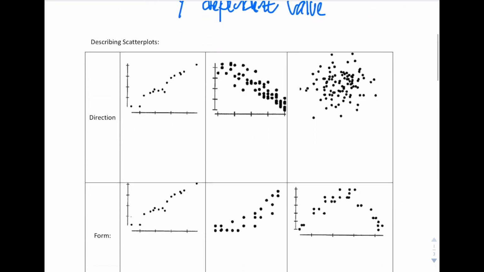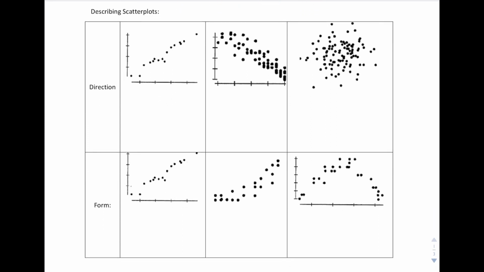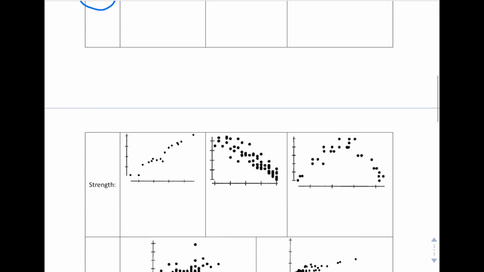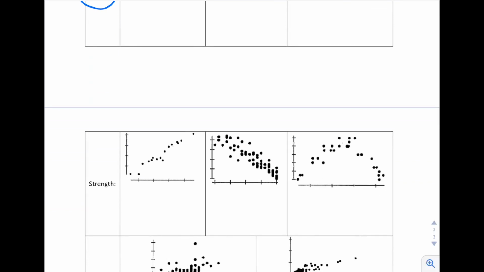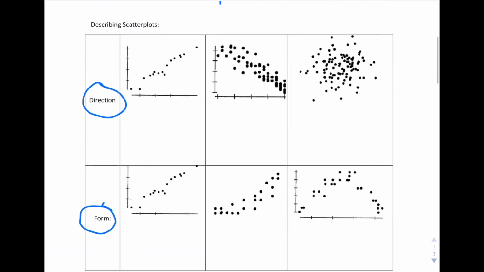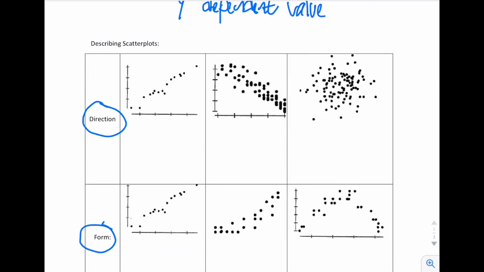So describing scatter plots. When describing scatter plots, we have three main things. First thing right here, as you'll see, is direction. Second thing is form. And if we scroll to the next page, we have something called strength. So, first thing, direction.